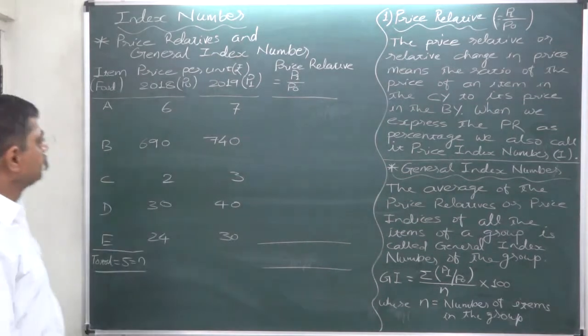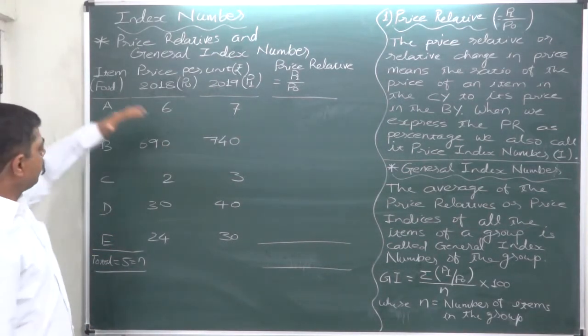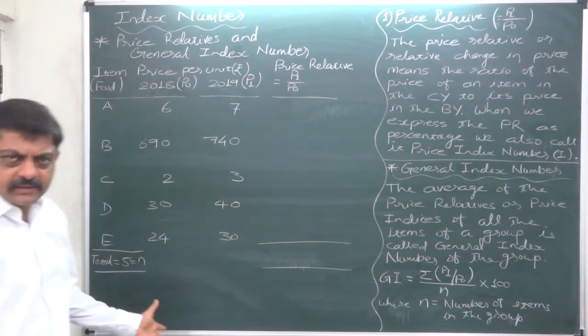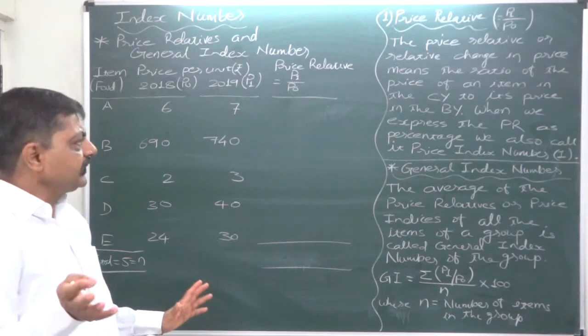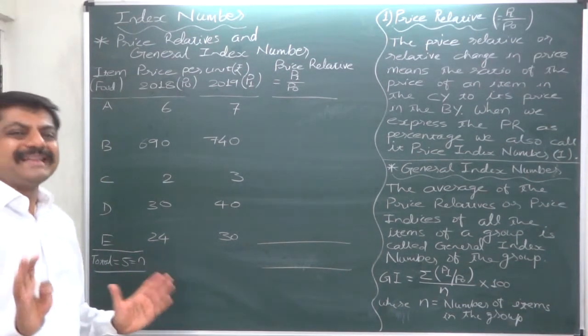Now first of all we should calculate the price relatives, that means index numbers, for all these 5 items A, B, C, D, E. But we shall not express them in terms of percentage, because that makes calculation somewhat easier.